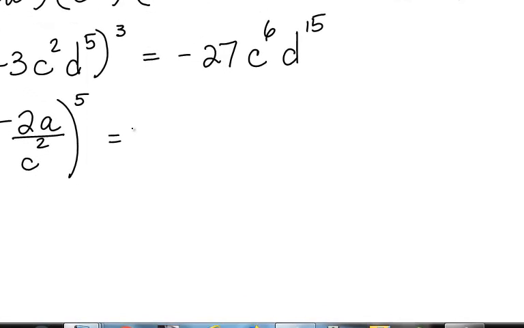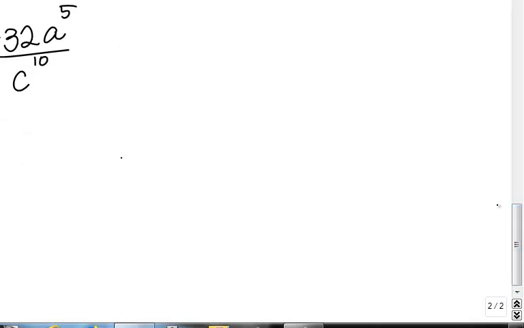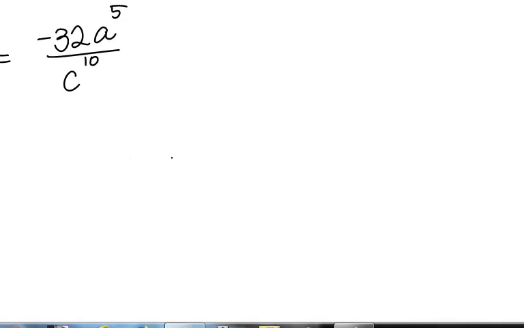Positive or negative? Negative. So it's negative 32, a to the fifth, c to the 10th. Are we good? No negative exponents, no parentheses. We're good. If it was a negative exponent on the outside, then I would invert it.